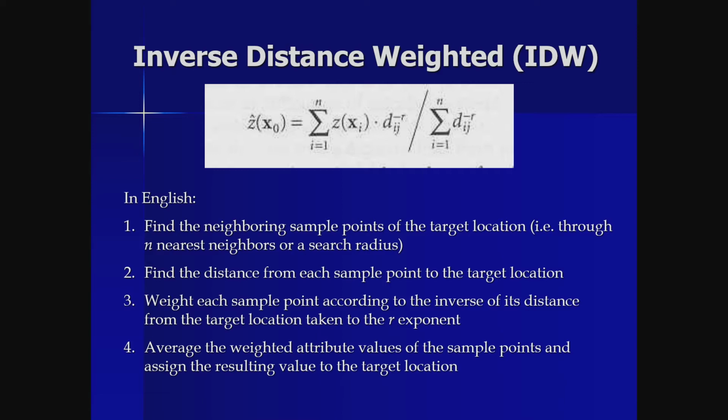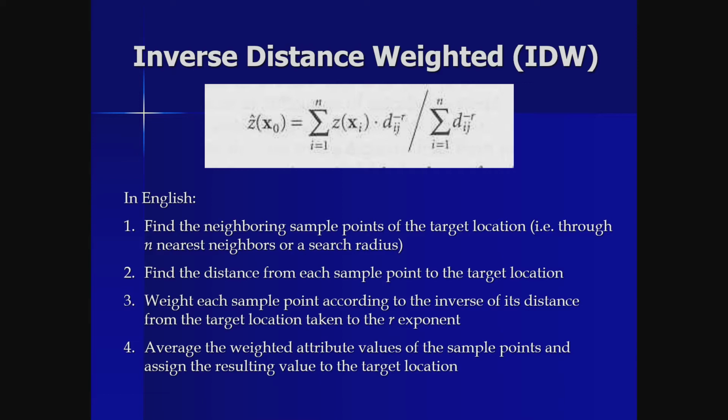Then we're going to weight each sample point according to the inverse of its distance. That's why these are basically the sum of the weights. So when you calculate a weighted average, it's the sum of every observation times its weight divided by the sum of the weights, right? Because what's a non-weighted average? It's just the sum of all of the observations divided by the number of observations.